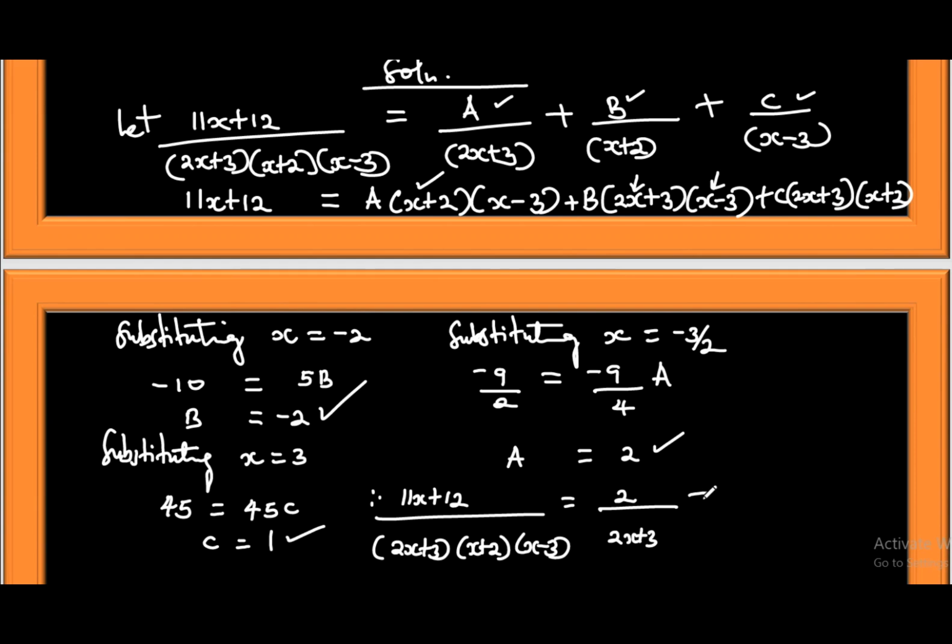So instead of saying plus, by the way, I can even say minus 2. Plus negative means you can have a minus dominating. So I can say minus 2 out of x plus 2. And then finally, plus the value of c, which is 1, but out of x minus 3. So what we have done so far is we have expressed that fraction as a partial fraction.